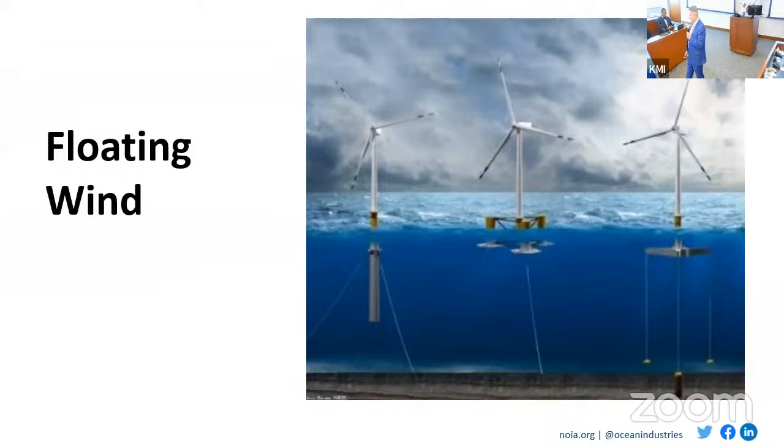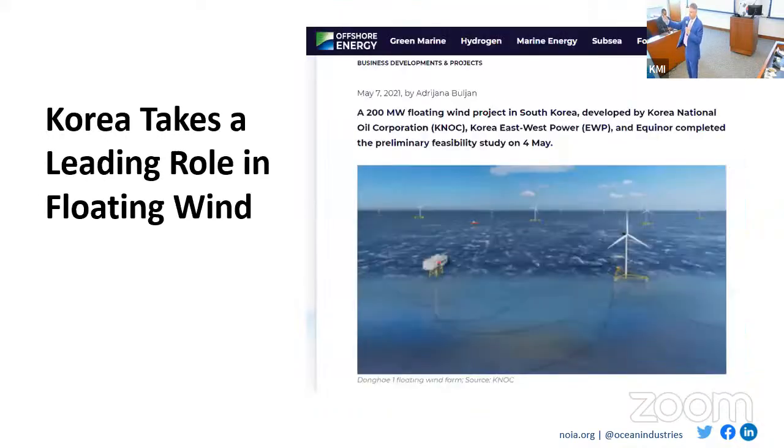Floating wind. This is a new technology, entrepreneurship, innovation, and one of the first places where this is happening is, of course, Korea. We want to do this here in the US, Maine, in the Northeast Atlantic, California, but what we're going to end up finding is that we're going to learn from Korea in the project that they have.